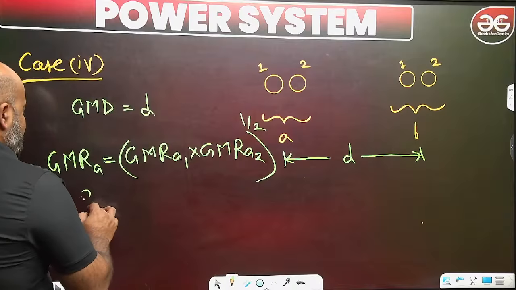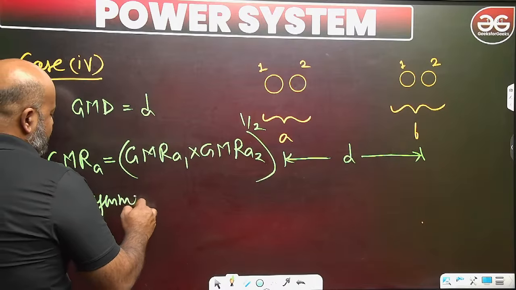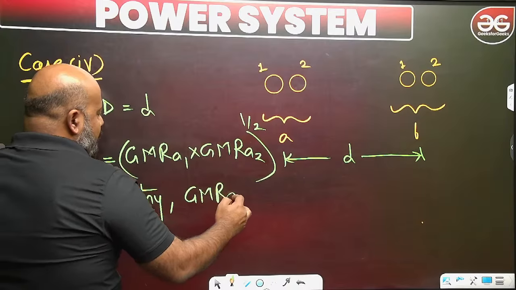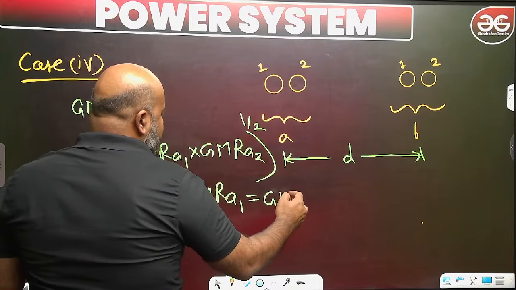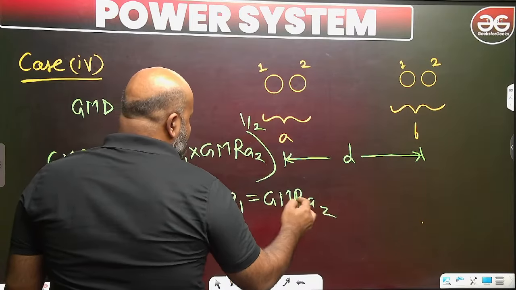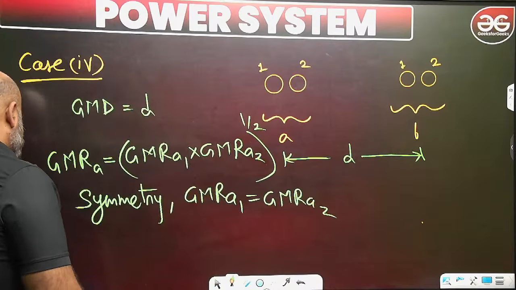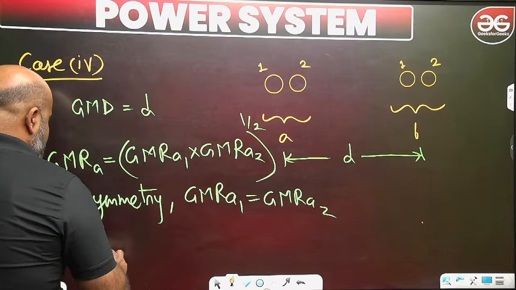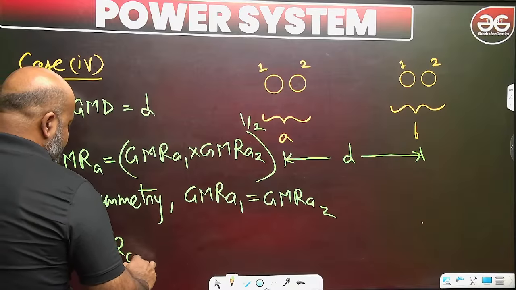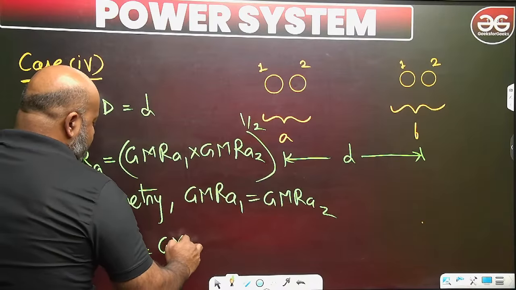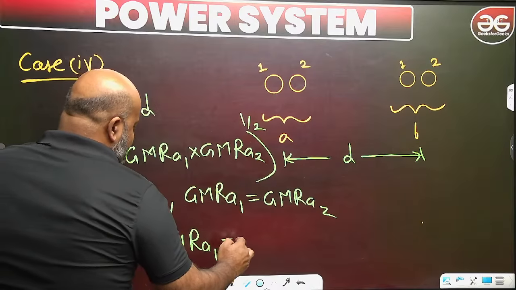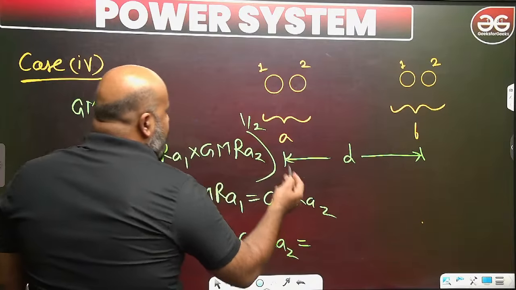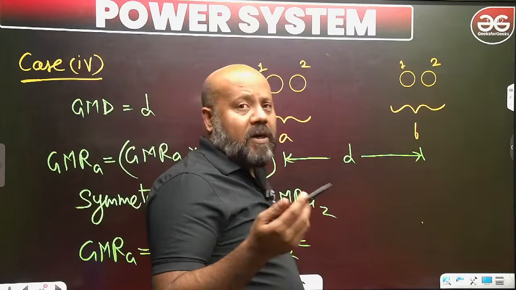Because of symmetry, GMR for A1 is going to be the same as GMR for A2. And this is the reason you can directly write GMR A as GMR A1 or as GMR A2. So if you write for 1 or 2, it is going to be the same thing.